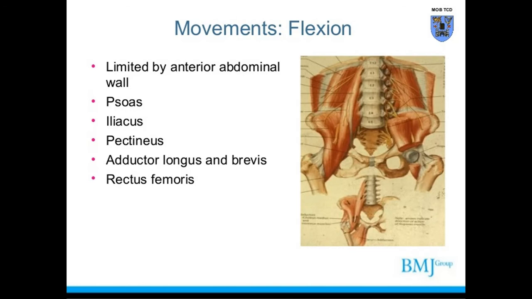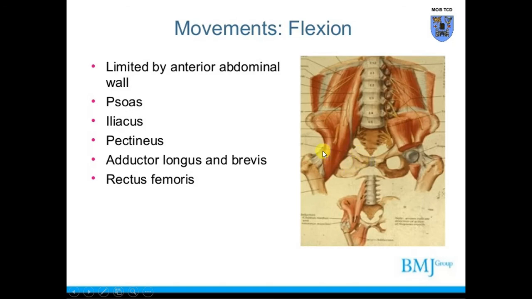And the muscles which are passing anteriorly are the iliopsoas, then the pectineus muscle, part of the adductor longus, and rectus femoris from above the reflected part, which will cause flexion of the hip joint.